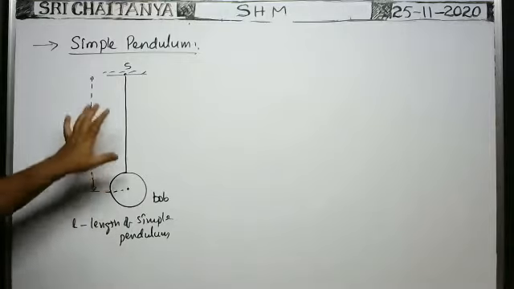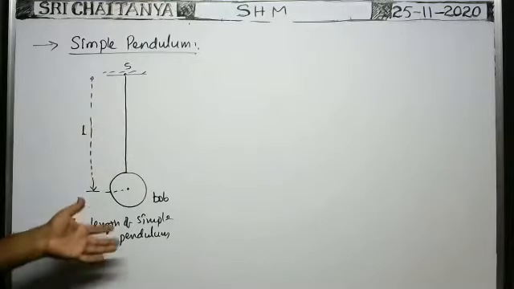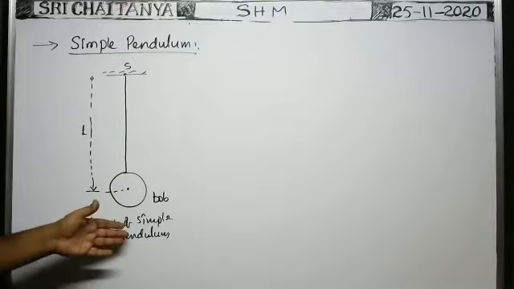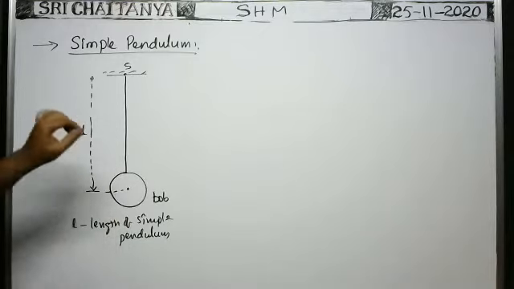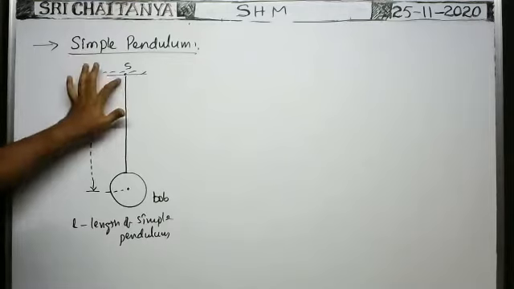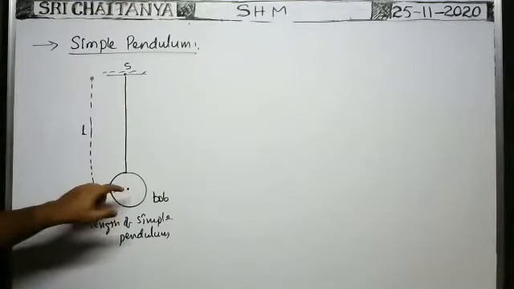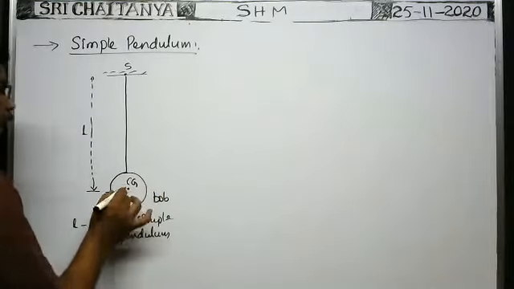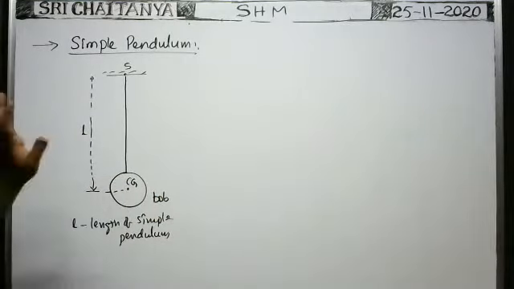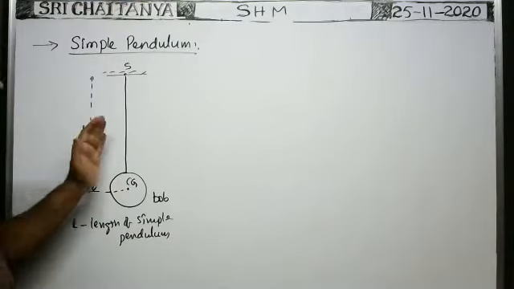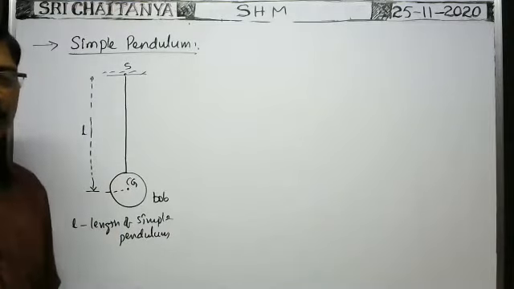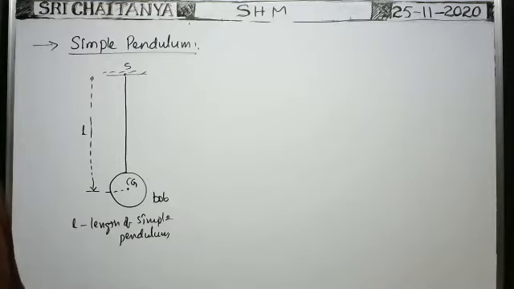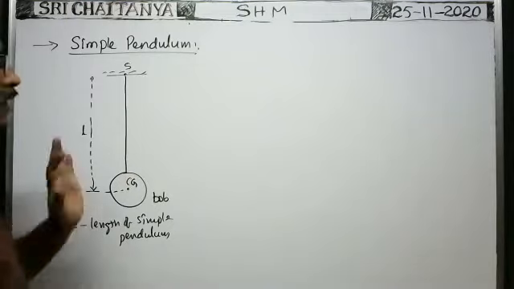In actual practice the length of the simple pendulum is considered as the length of the string only, but actually the length of the simple pendulum means the distance between the point of suspension and the center of gravity of the bob or sphere. So this is nothing but the simple pendulum.